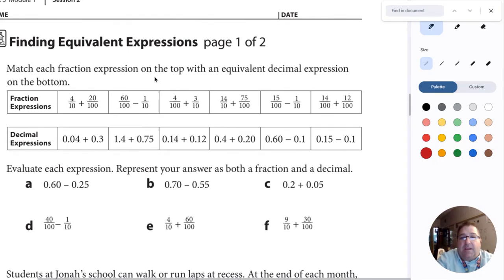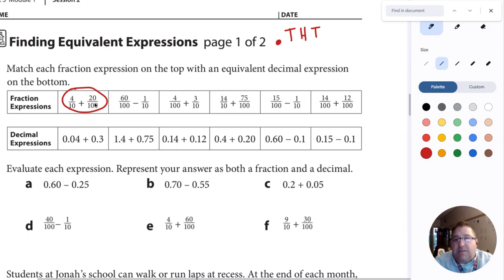And what's the big idea on this one is our place value chart. So if I have my decimal, we have tenths, hundredths, and then thousandths, okay? So tenths, hundredths, thousandths.